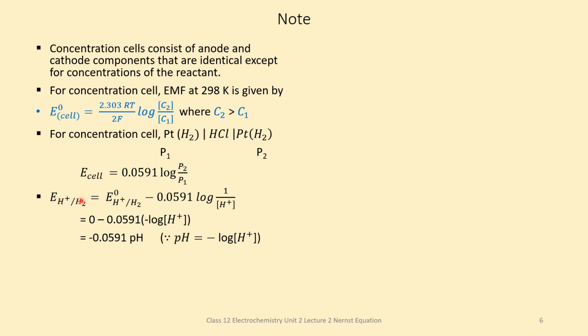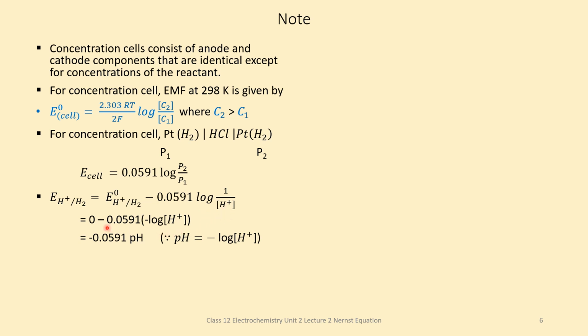I will read this once again. E of H+ to H2 equals E naught of H+ to H2 minus 0.0591 log of 1, that is pure hydrogen, over H+. Because platinum is an inert electrode, it is 1. That equals E naught of H+ to H2, which is 0, minus 0.0591 log of 1 over H+.